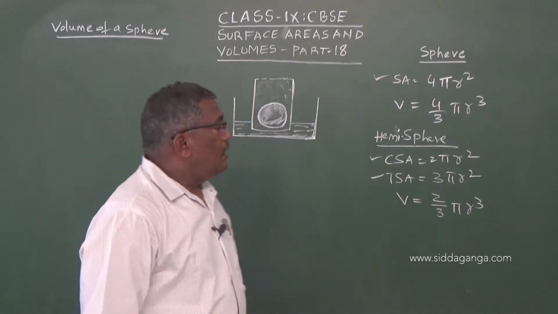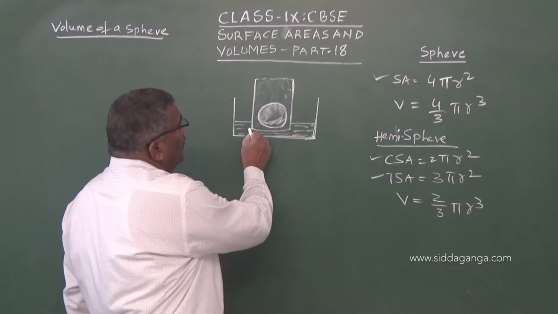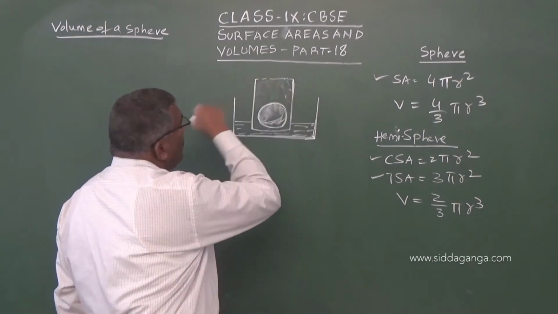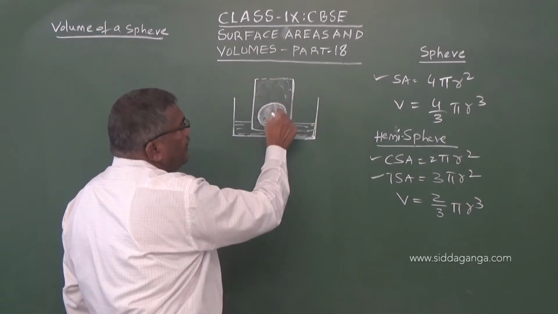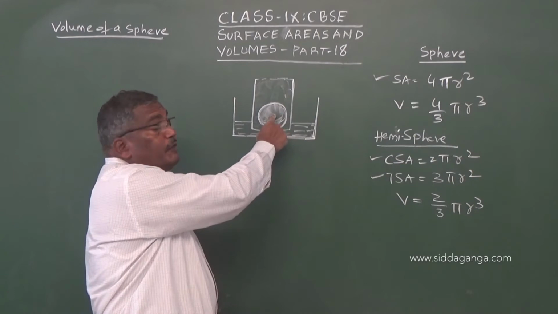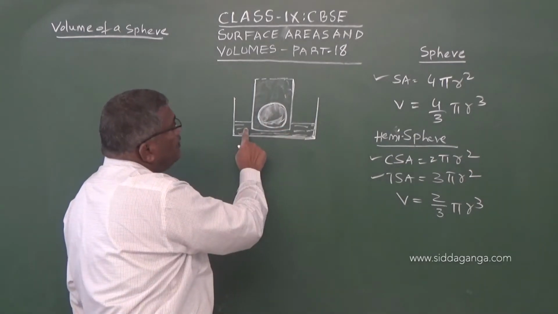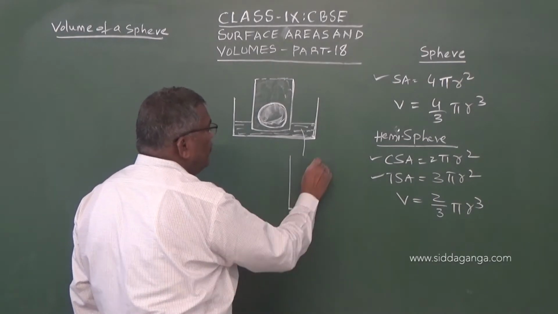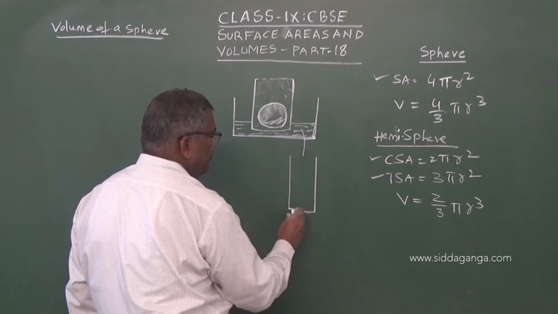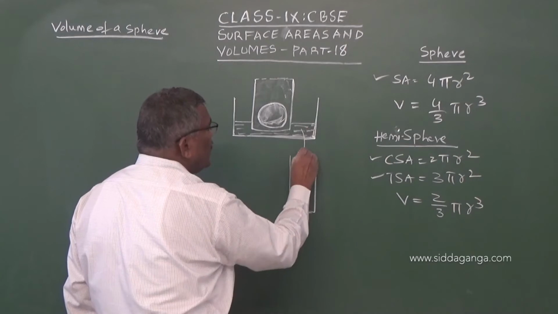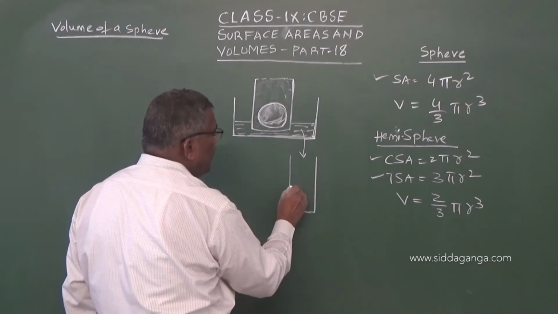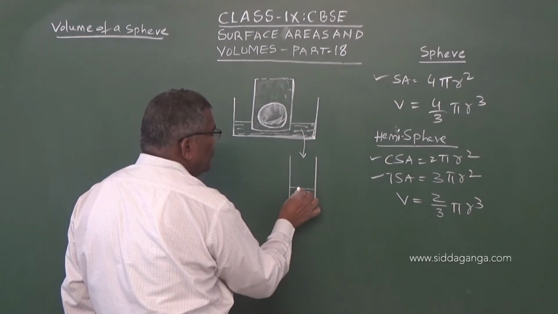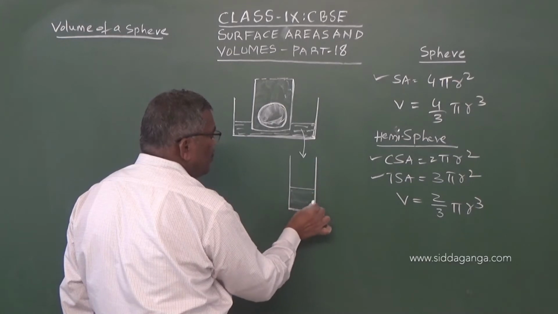Now, you slowly remove this beaker and the solid substance, that is the spherical object, and transfer this water into a measuring jar. So this water is poured here and it is measured in a measuring jar.